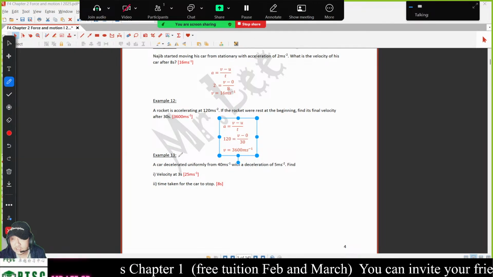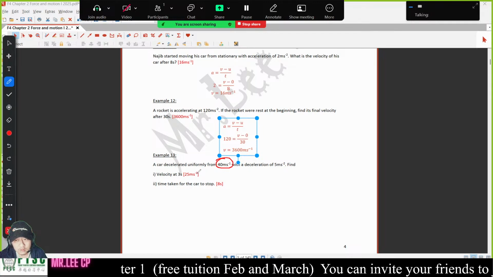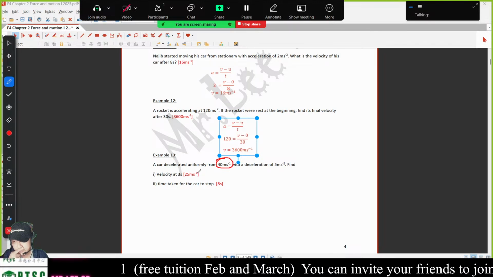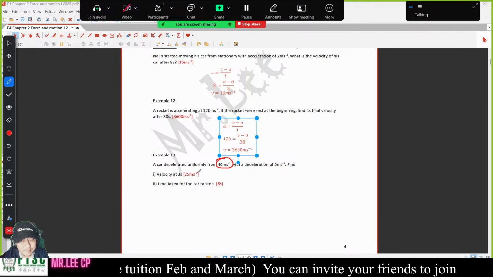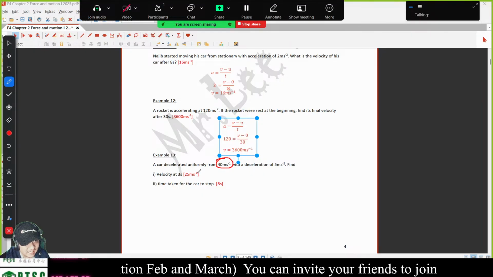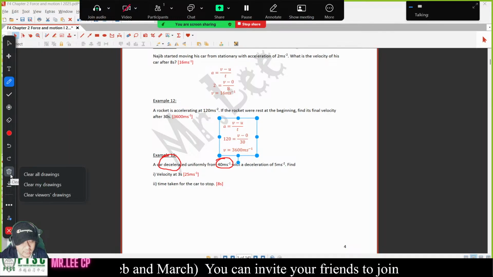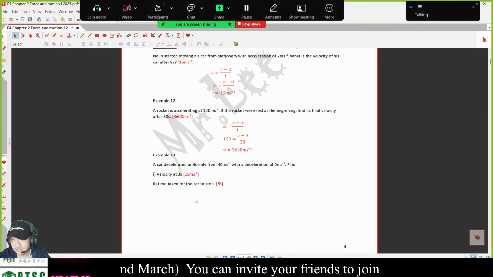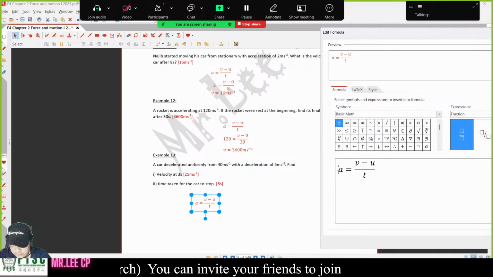Teacher, this one is deceleration? No. Why? You look at what is the unit. This unit is ms negative 1. ms negative 1 is velocity, not deceleration.